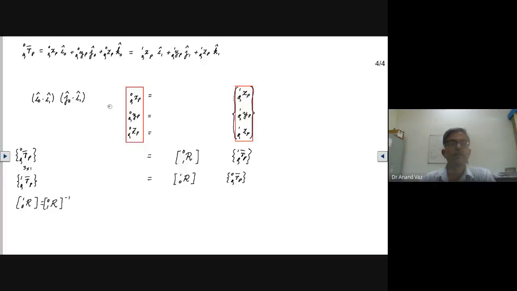Plus here also we take the dot product with I1, so here we get K naught dot I1.